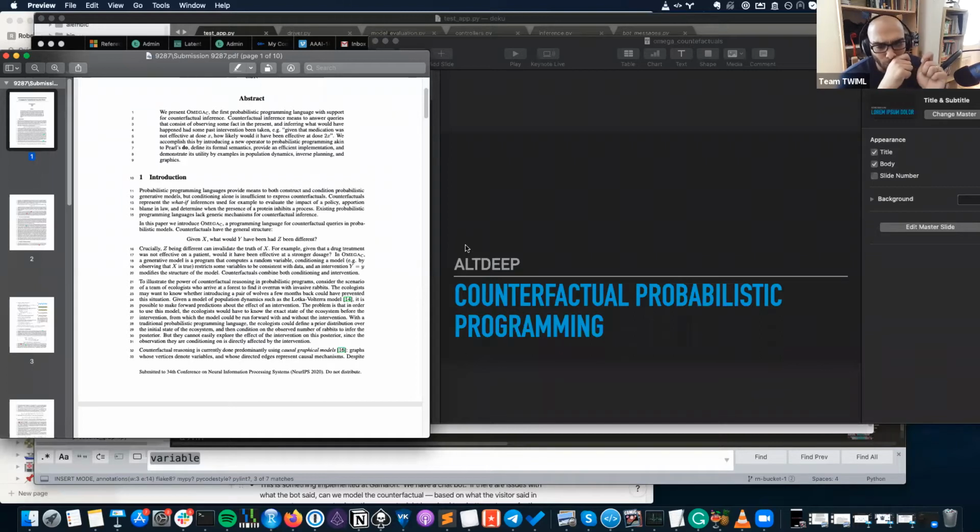The difference between the potential outcomes definition and the so-called twin world definition is that in the potential outcomes definition you just have two different random variables, or, if you're being frequentist, two different parameters that you're trying to estimate.